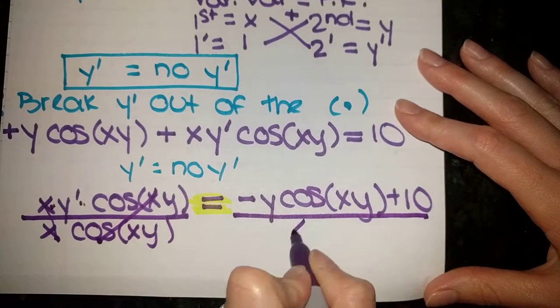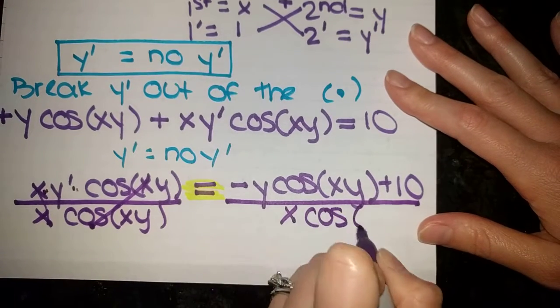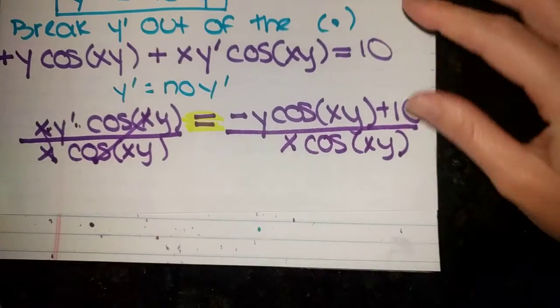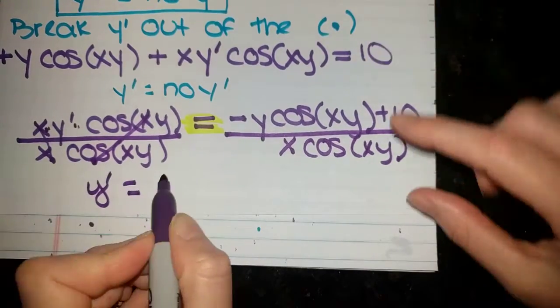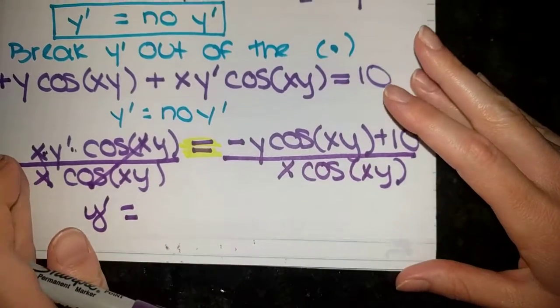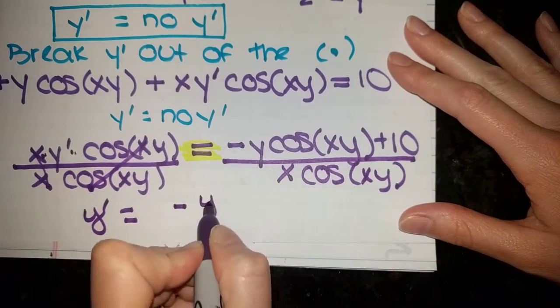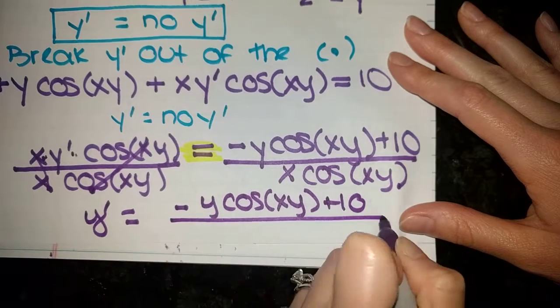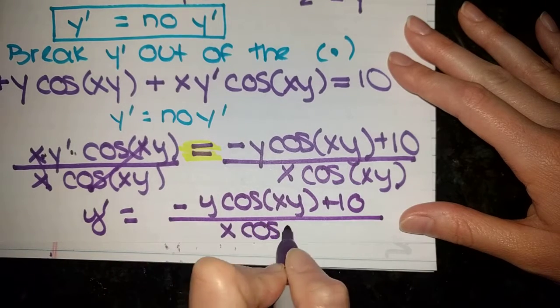So over here, you would divide by x and then cosine xy. And that would leave you with y prime is equal to this fraction: negative y cosine xy plus 10, over x cosine xy.